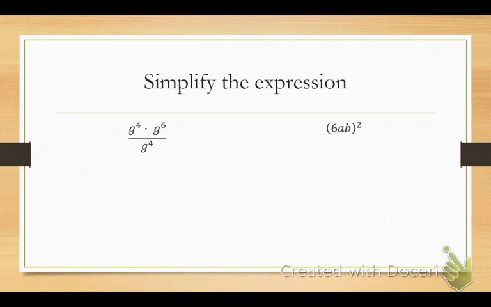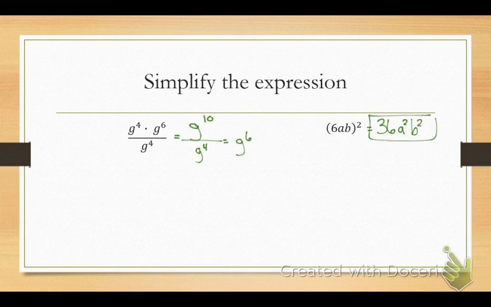Okay, Connor, what'd you get for the first one? g to the 6th power. Yes, g to the 10th over g to the 4th is g to the 6th power. All right, Micah, what'd you get for the second one? 36a to the 2nd, b to the 2nd. Yes. Did you evaluate 6 squared?